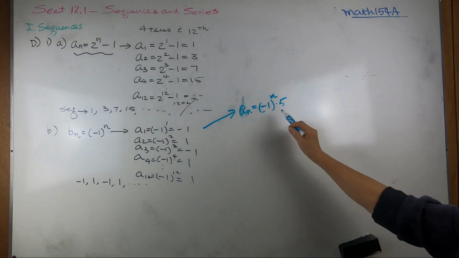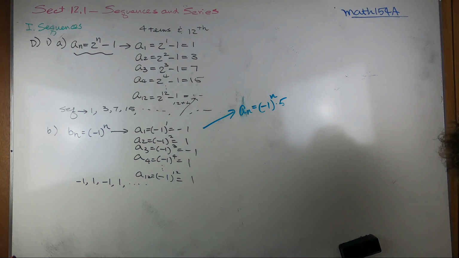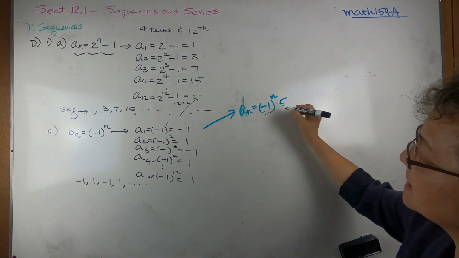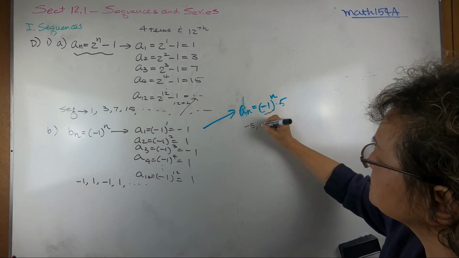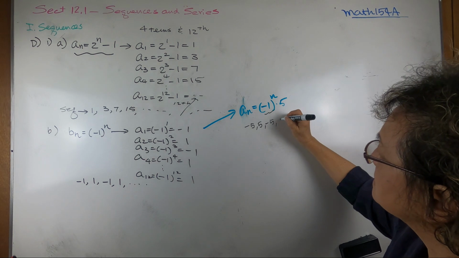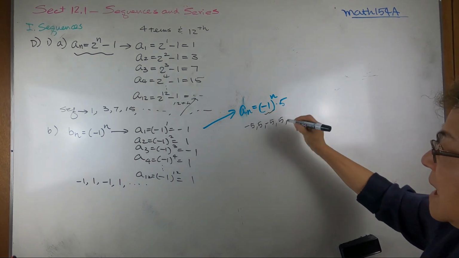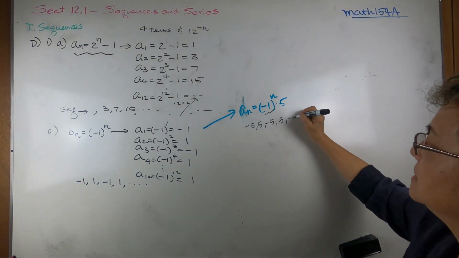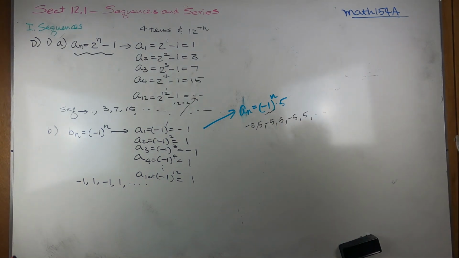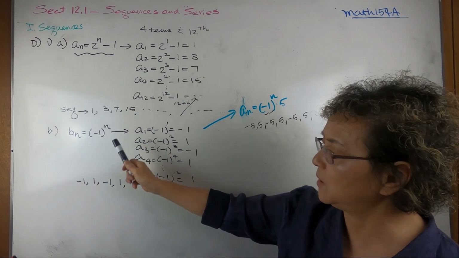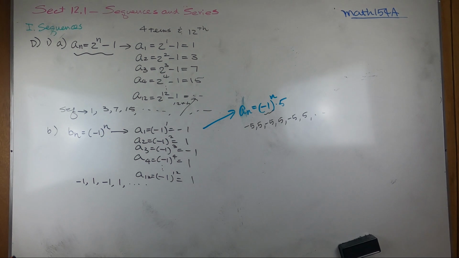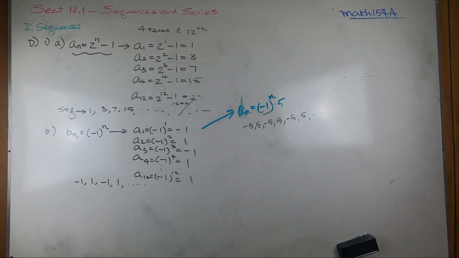If I have this pattern, what does it tell me? This one means what? n=1, that would be -5. n=2 would be +5, right? So your pattern will be negative, positive, and multiplied by 5. The patterns become this. If just (-1)^n, you will have -1, +1, -1, +1, right?